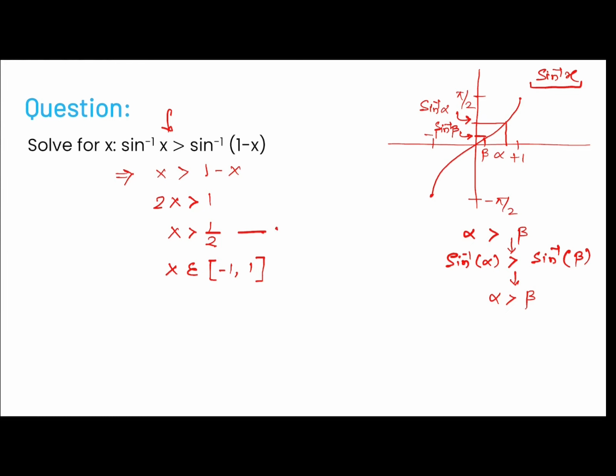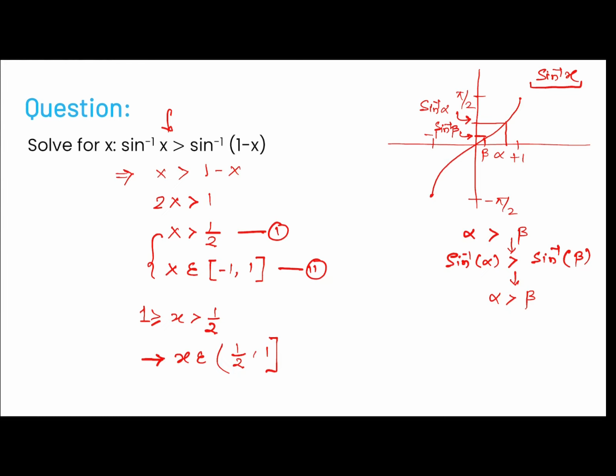So we have to take care of domain. So we can say from these two, x is greater than 1 by 2 but less than or equal to 1. So x belongs to greater than 1 by 2 and less than or equal to 1. So the set of values of x we have is x belongs to 1 by 2 open, 1 close.